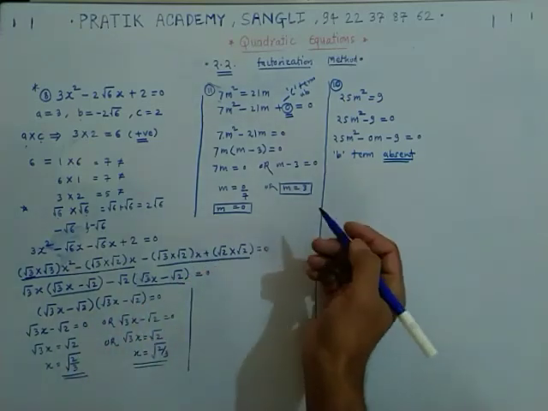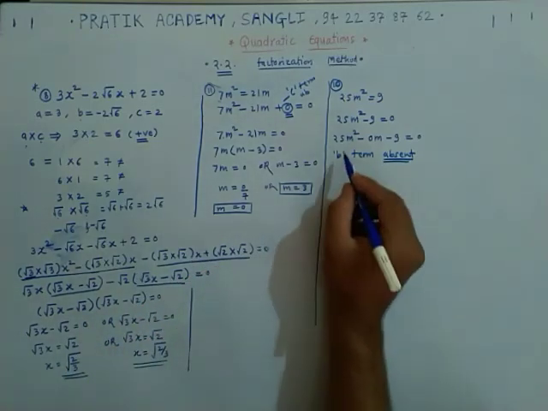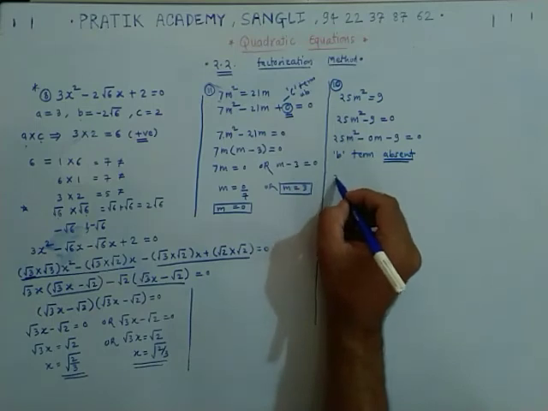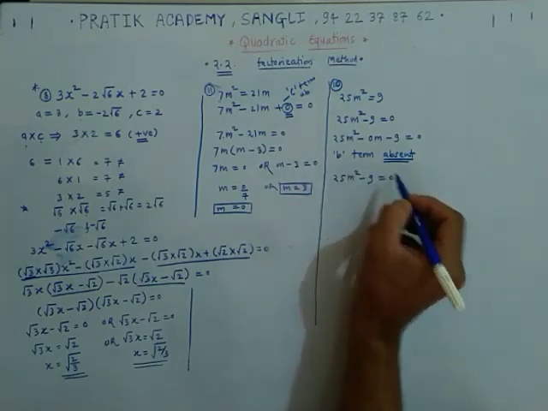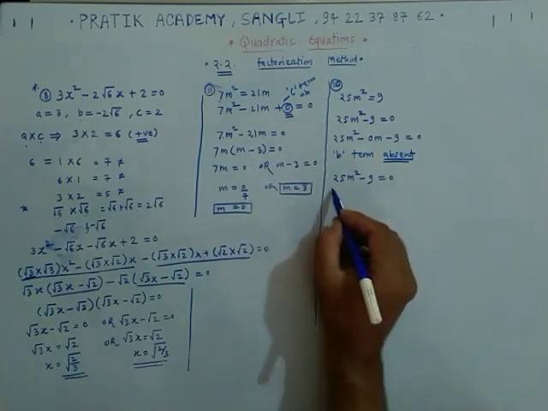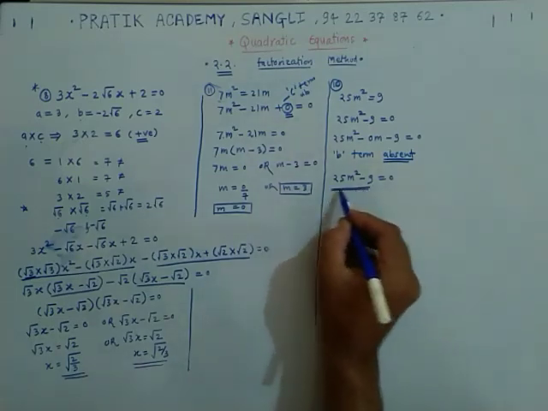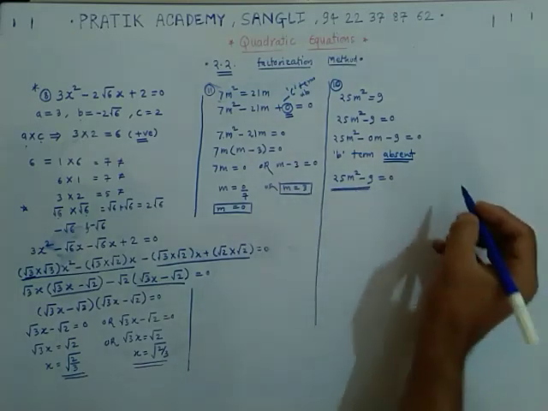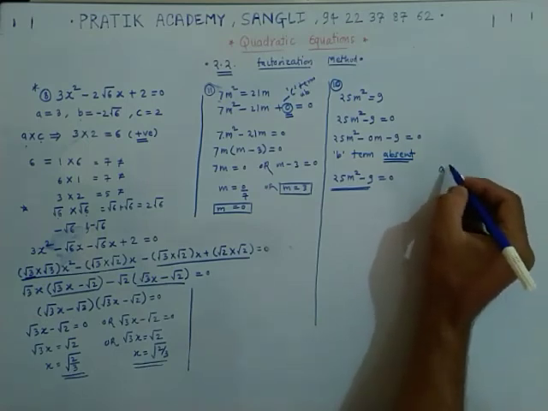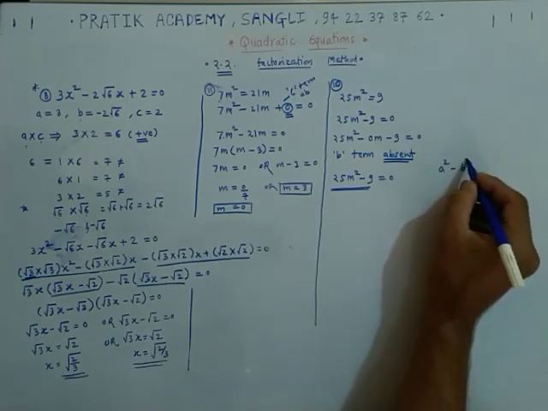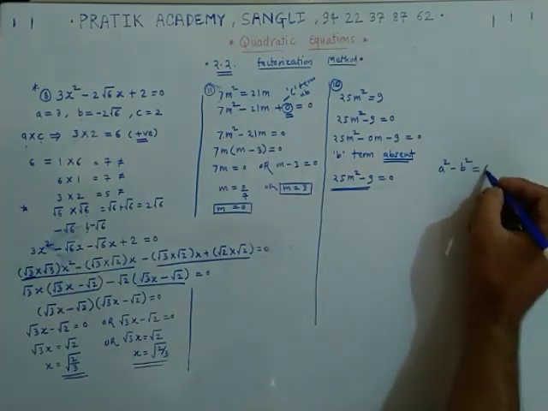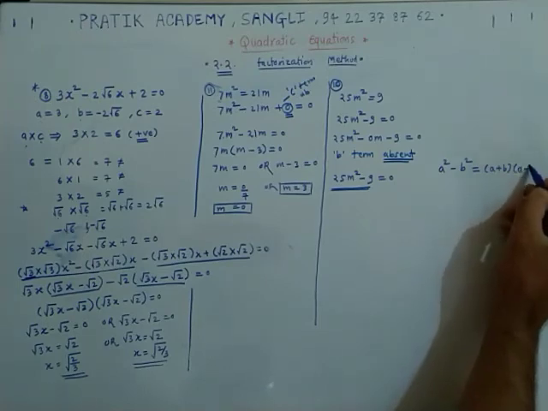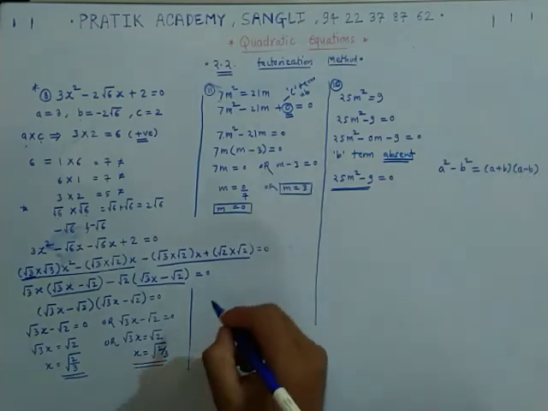Then how to factorize? So write down once again as it is, 25m square is equal to 9. To factorize this quadratic equation, we have to use the formula a square minus b square. What is the formula? a square minus b square is equal to a plus b into a minus b.